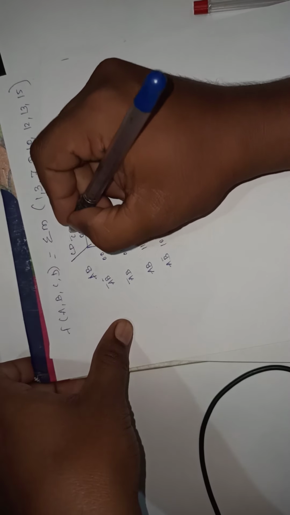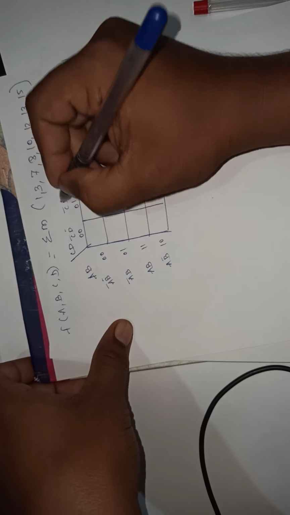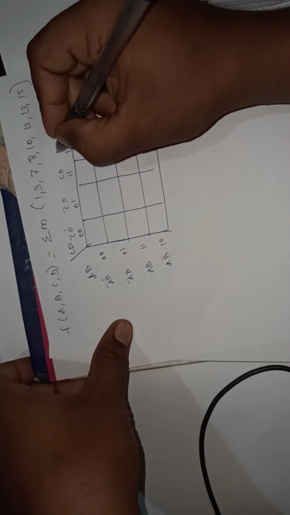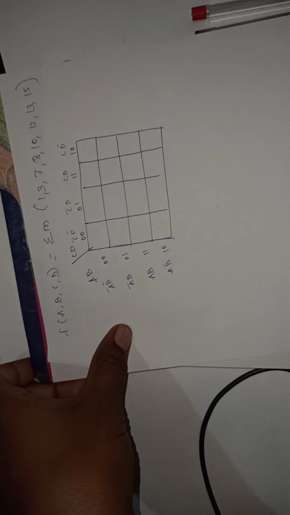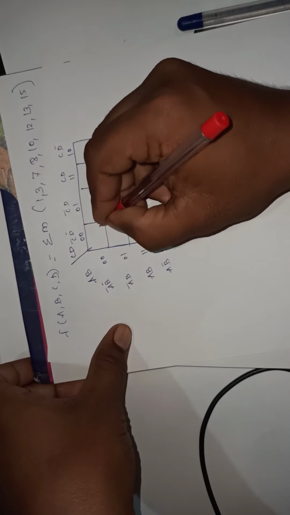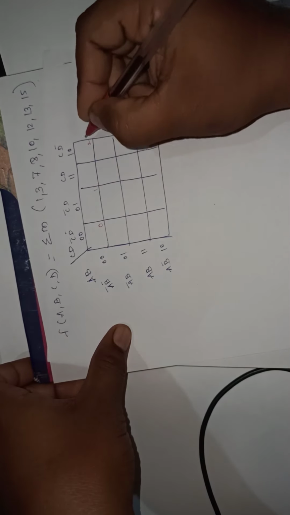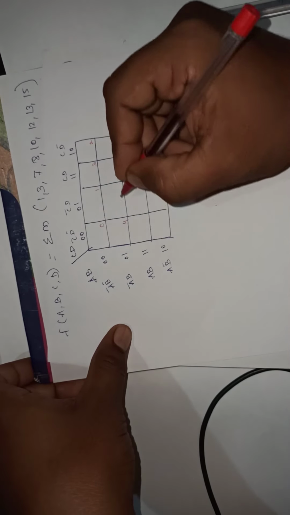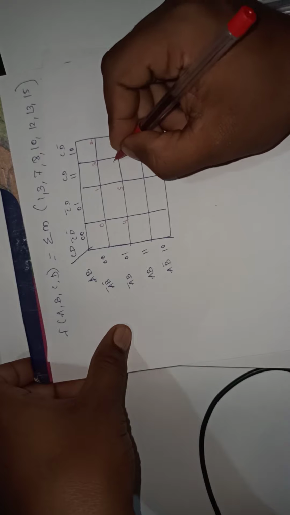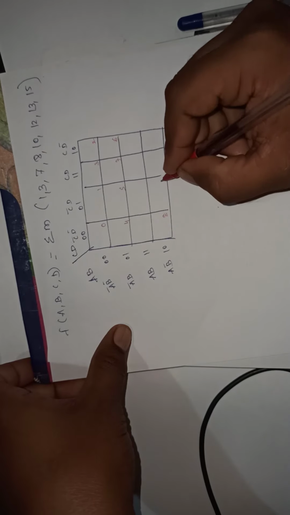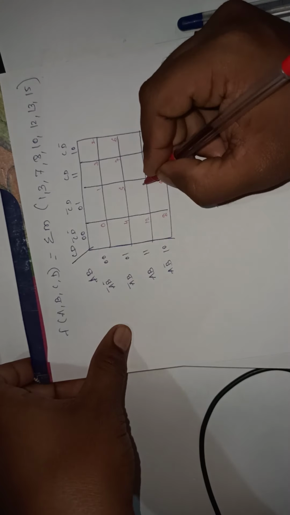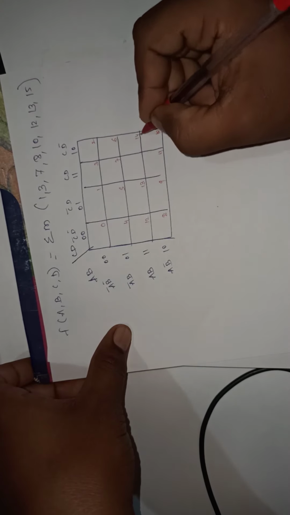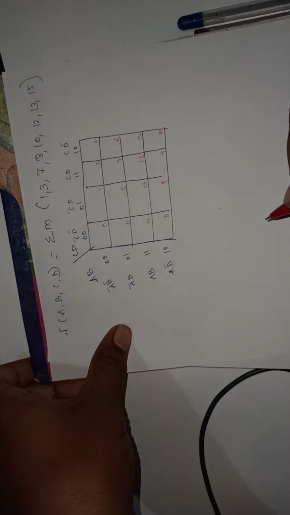Here C bar D bar, C bar D, C D, C D bar. Here we put the cell numbers 0 1 2 3 4 5 6 7 8 9 10 11 12 13 14 15.